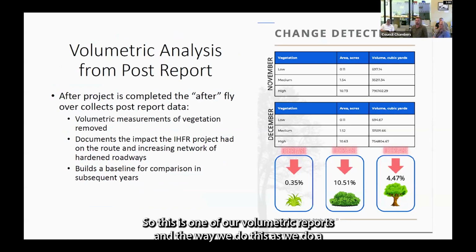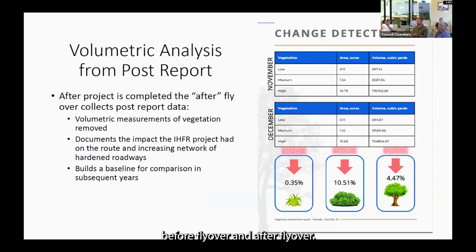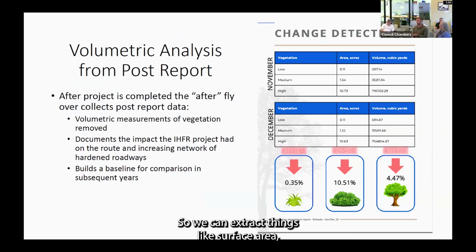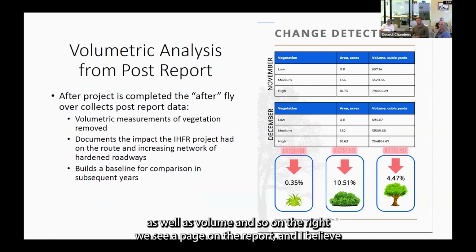So this is one of our volumetric reports, and the way we do this is we do a before flyover and an after flyover. And the data products that we produce are 2-dimensional and 3-dimensional, so we can extract things like surface area as well as volume. And so on the right, we see a page from the report, and I believe this is the Arastadero report, where we're comparing November to December.